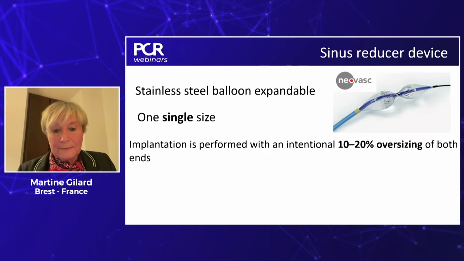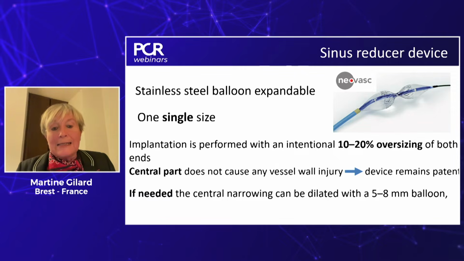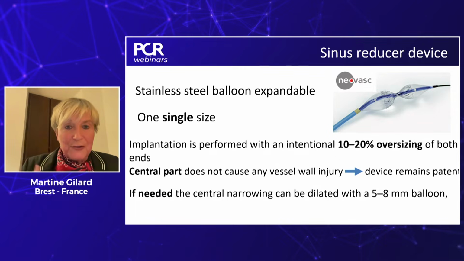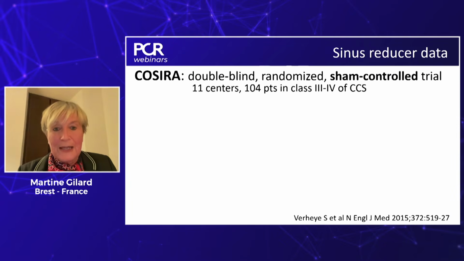The central part, as you can see, is narrowed, but there is no injury at all to the sinus. And if you need, for example, to implant a CRT, you can delete this narrowing with a new balloon: you inflate the balloon, and the narrowing of this stent disappears.